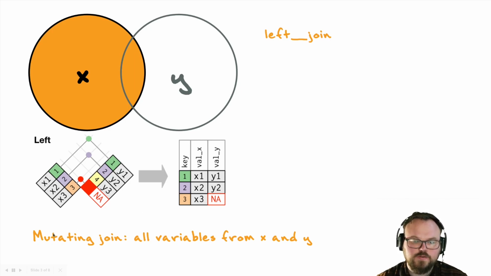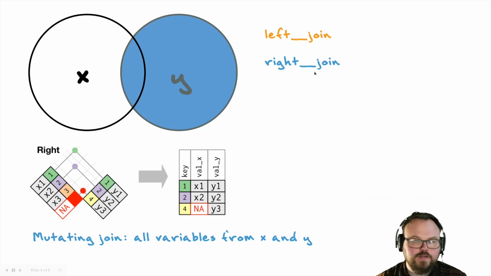Left join is also one of the mutating joins, which means that all variables from X and Y are kept and joined together. So you can see that the variable with the values x1, x2, and x3 is still present in the newly created joined data frame, and y1, y2 are still present in the new data frame as well. Since there's no relation with any observation 3 in the Y data frame, we have an NA in the new table.